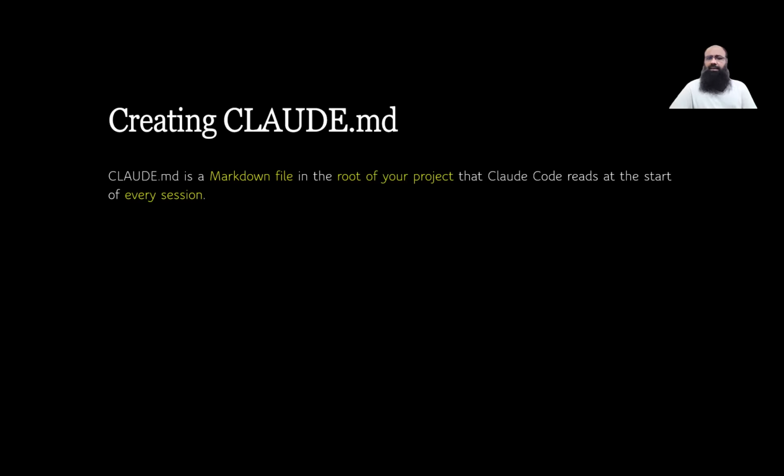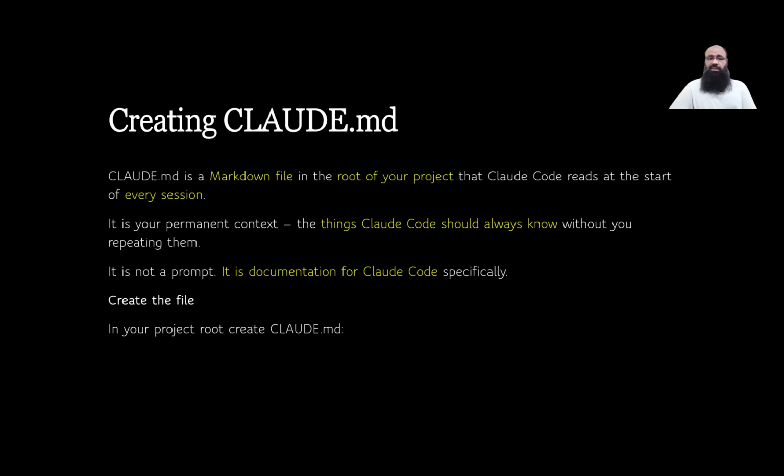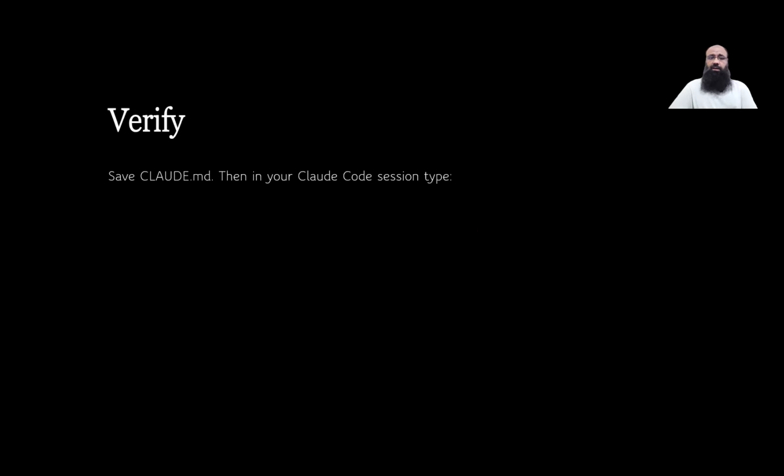I've already created one, and I'll be creating this based on the information I already have about the project. It's going to be created in the root of the folder, and it's going to be a permanent context, which we have already discussed, along with the documentation. So let's create this CLAUDE.md file.